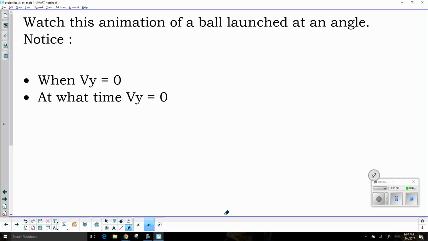Also, I'd like to remind you that if I've got a vector that has some sort of direction that's not one of the cardinal directions, not north, east, south, or west, this vector can be resolved into its component vectors, where you can have an x component and a y component.